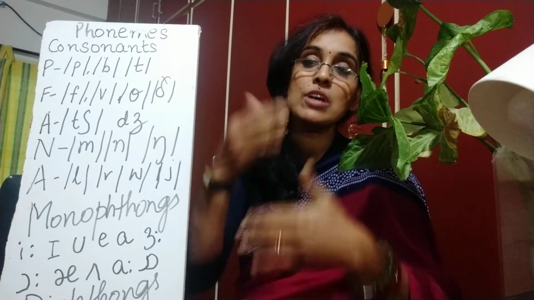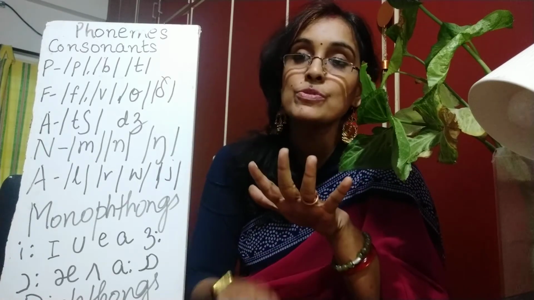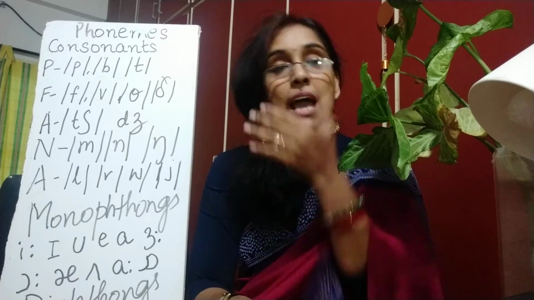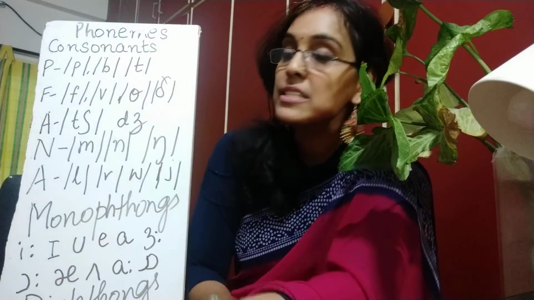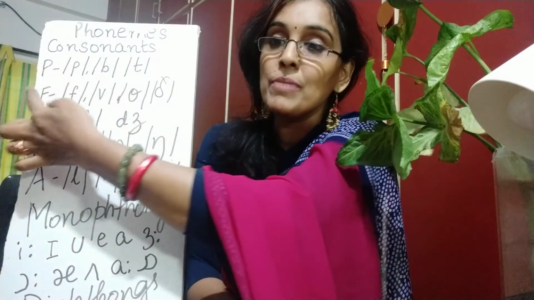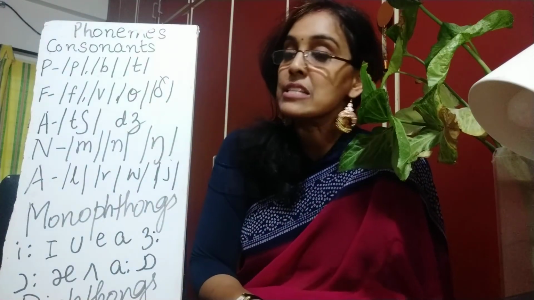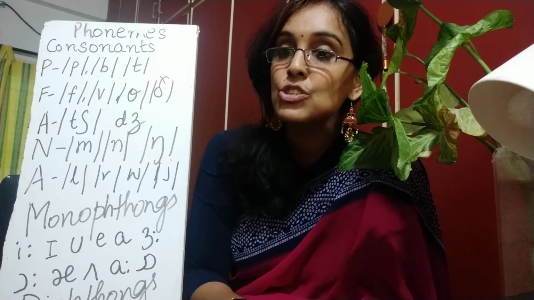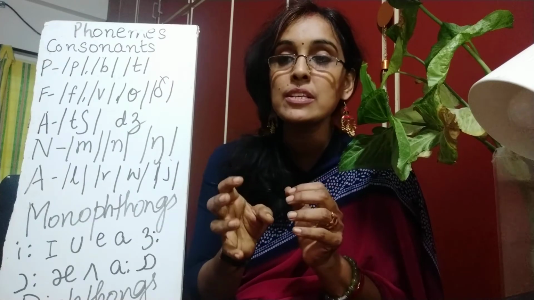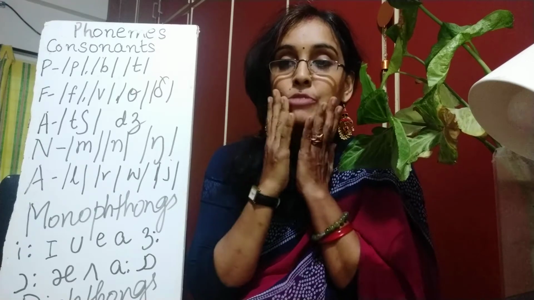Let's begin with consonant sounds. Consonant sounds are further divided into five parts. The five kinds of consonant sounds are plosives, fricatives, affricates, nasal sounds, and approximants. I have listed those for you. Plosives are sounds produced by blocking some part of our mouth.